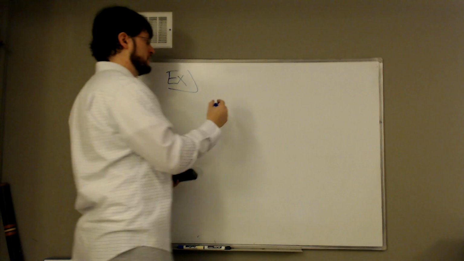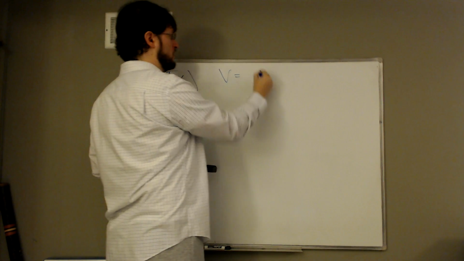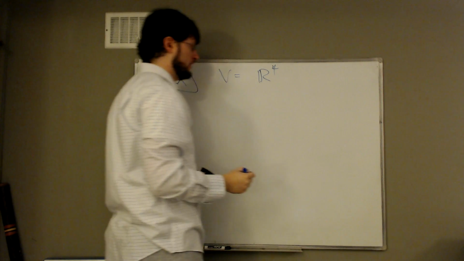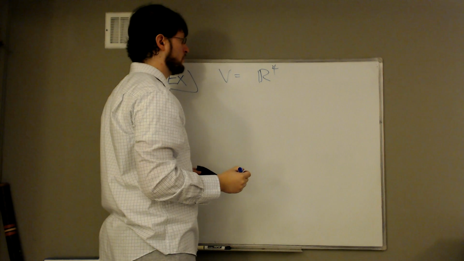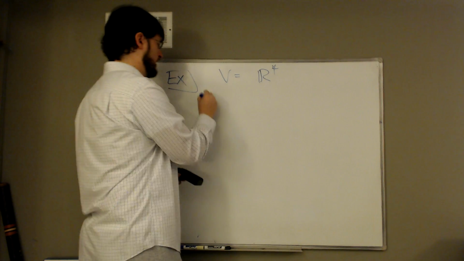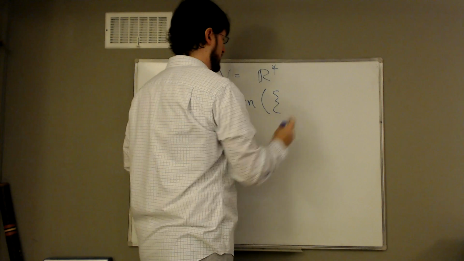Here's another example of a subspace. So suppose that we started with R4 and we looked at, and let's let H be the span of a couple of vectors.